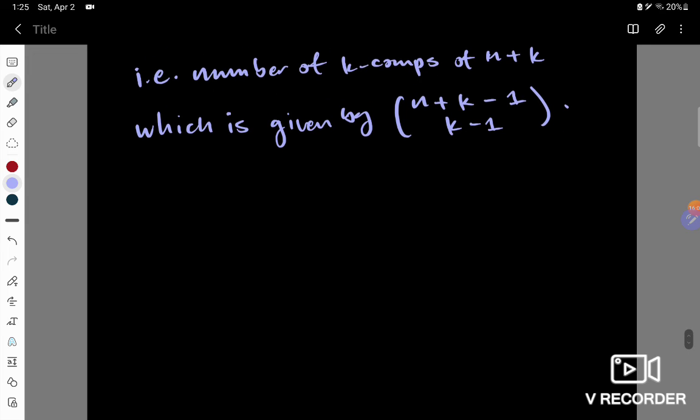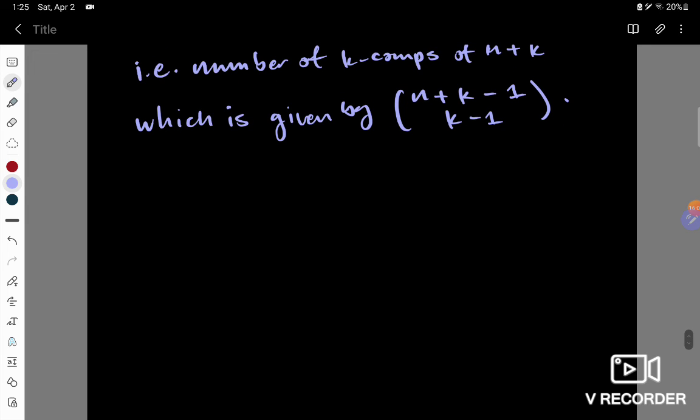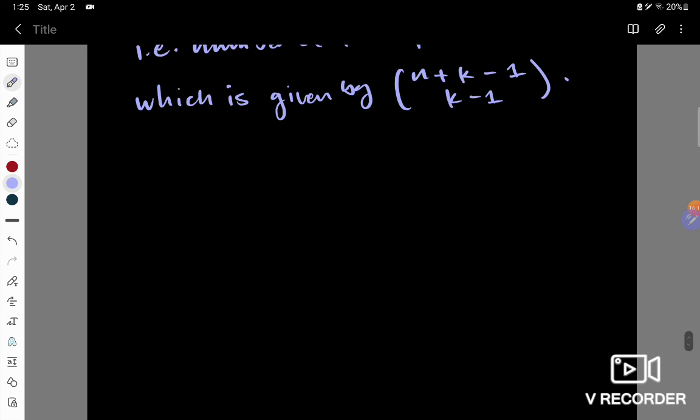Okay, and now we have another sort of, I don't want to say generalization, but a different kind of problem related to that one. A variant.